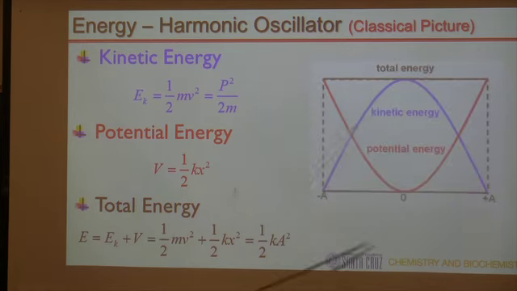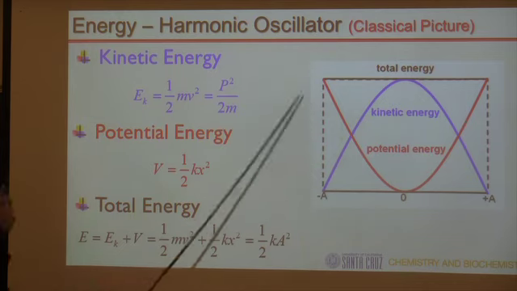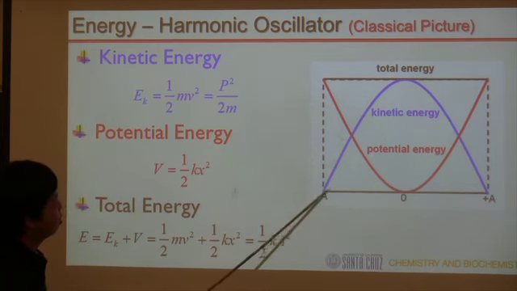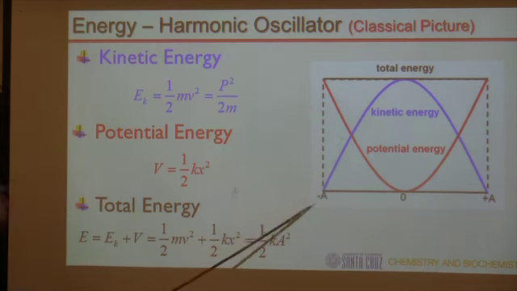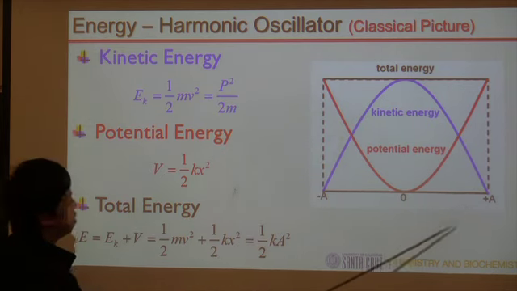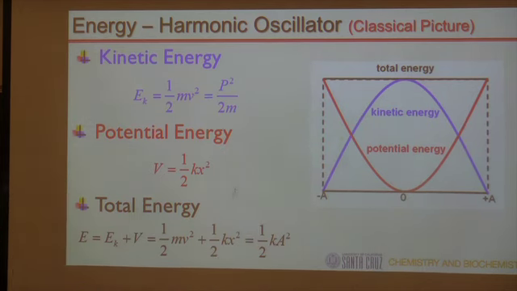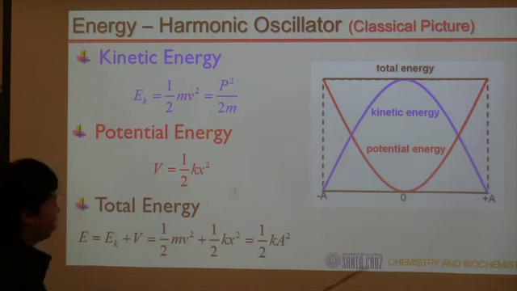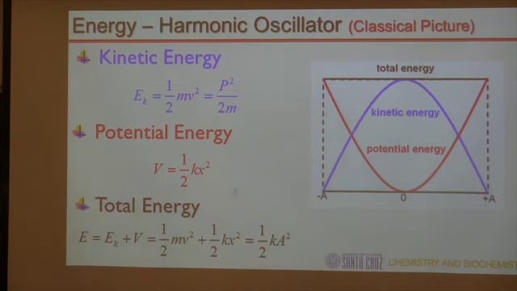Okay, and you can actually draw the relationship between each energy and the displacement here, or the location actually. This one is the minimum displacement, one amplitude. This one is the maximum, another amplitude. There are two bounds here. And this is how the kinetic energy changes, and this is how the potential energy changes.